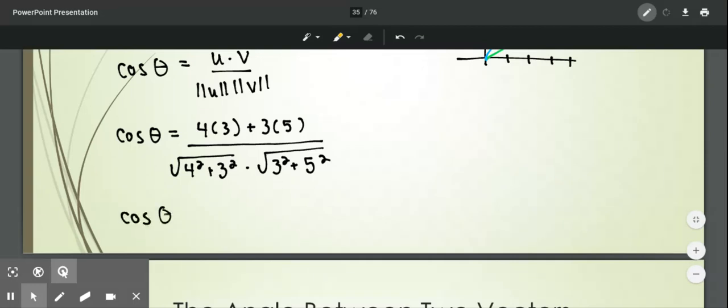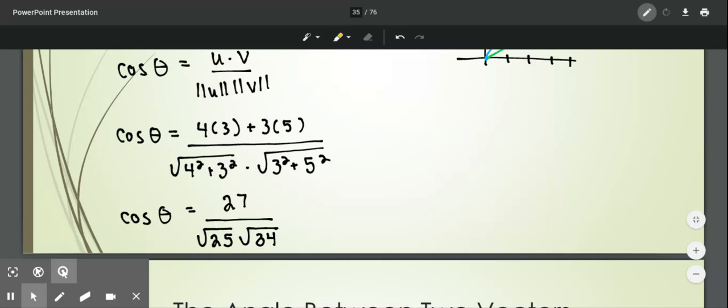So we get the cosine of theta, 12 plus 15, so we get 27 in our numerator, over the square root of 16 plus 9 is 25, and the square root of 9 plus 25 is 34.